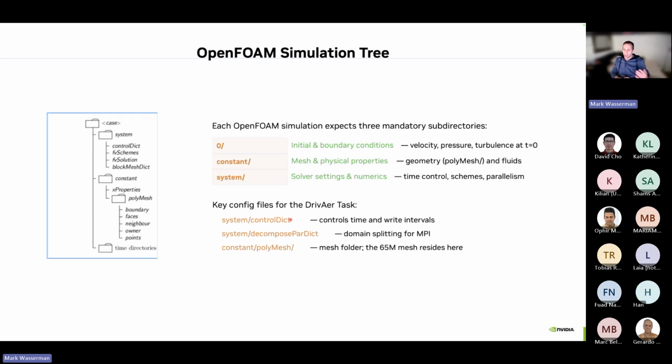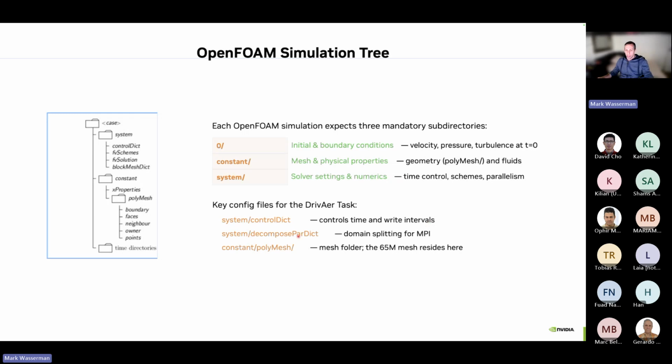As you will see as part of the guidelines of this task, we ask you to reduce the time that we simulate in order to make the computational effort reasonable and not overtake all the resources of the cluster. And we also ask you to modify the write intervals, meaning the resolution at which we write the solution to disk, in order to also enable us to visualize the results.